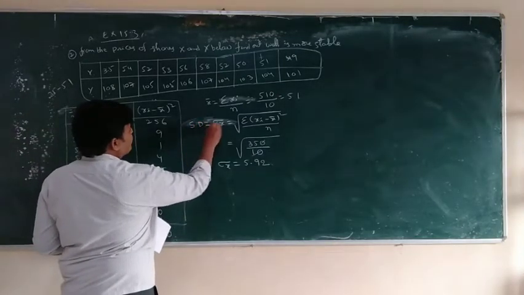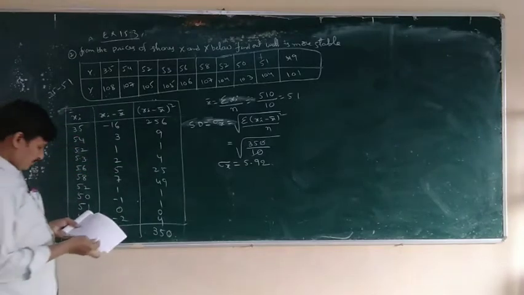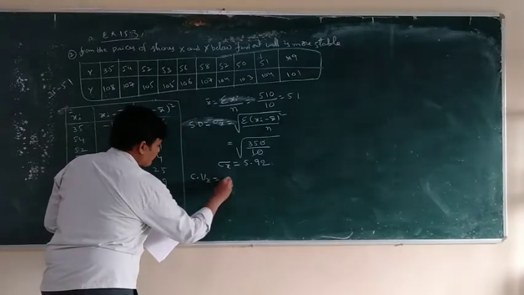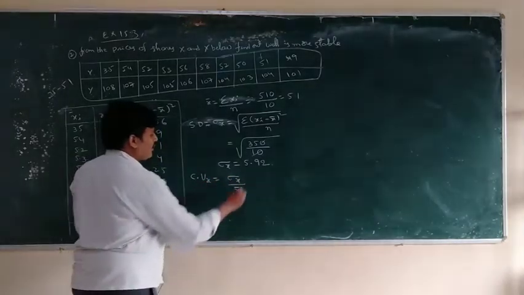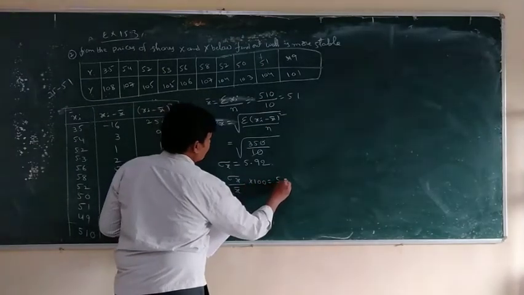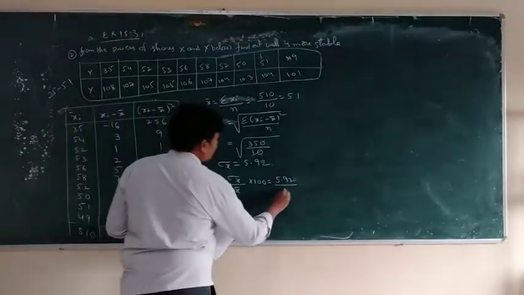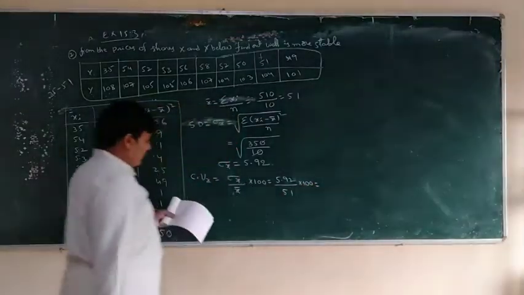Next, the coefficient of variance of x. It is sigma x by x bar into 100. So sigma x is 5.92 by x bar, which is 51, into 100.